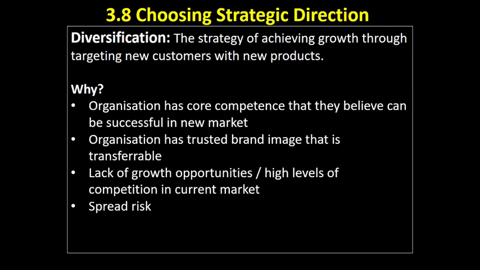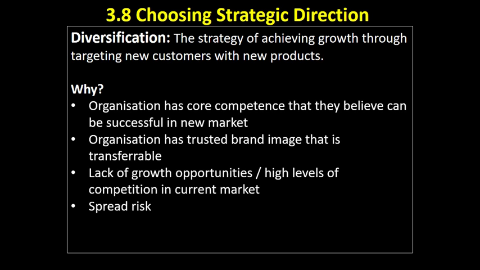Diversification is also a method of spreading risk. What do I mean by that? Well, if you're in one industry and that industry suffers a decline or a downturn, you've got more revenue coming in from other areas. It's like that phrase of having all your eggs in one basket.